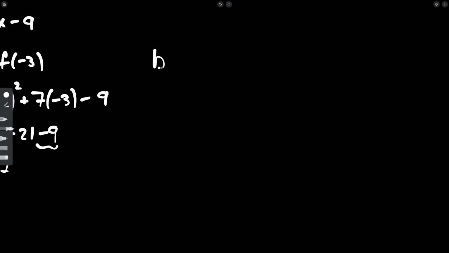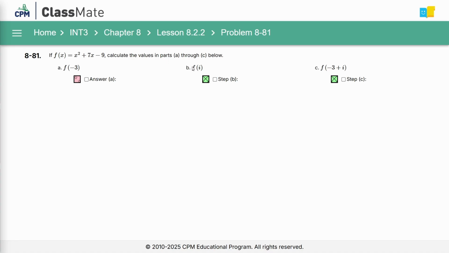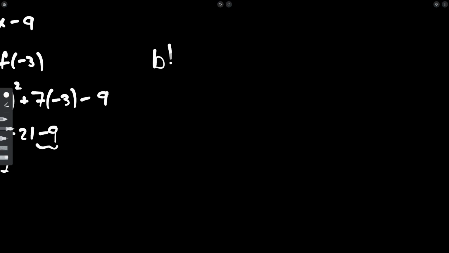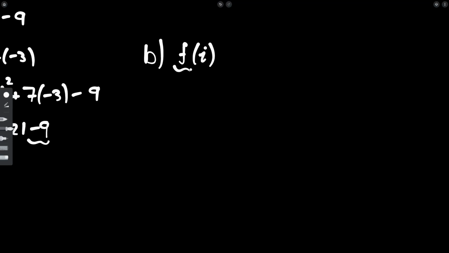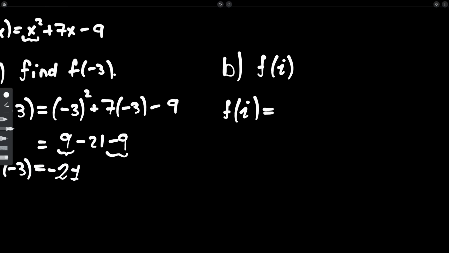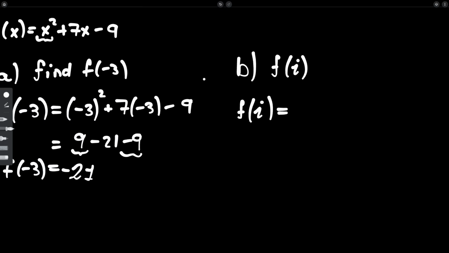Part B asks for f of i. So when you plug i into this function, of course, you need to replace every single instance of x with this i.